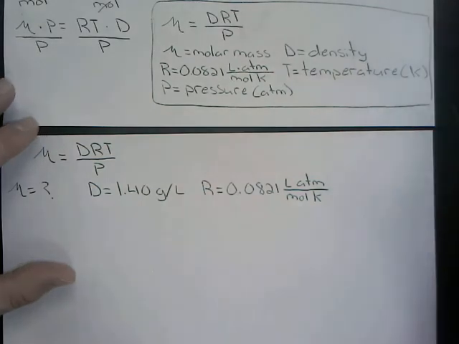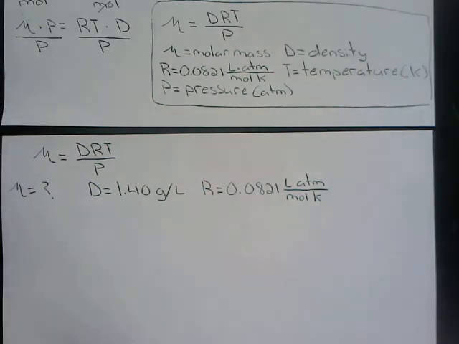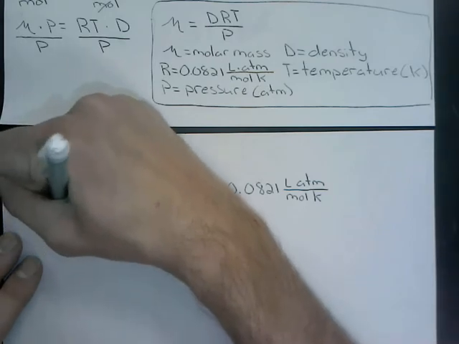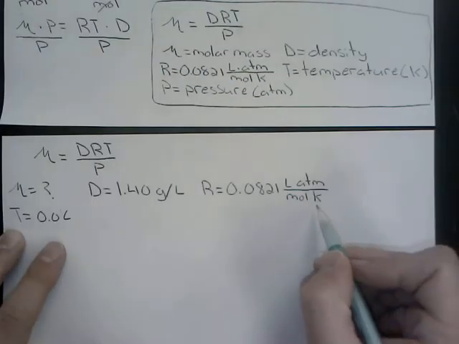Okay, and then our T and our P, we have to do a little bit of work to find these. So if you think back to section 2, remember STP stands for standard temperature and pressure. And so STP, the temperature, is 0.0 degrees Celsius. But again, we need it in Kelvin.